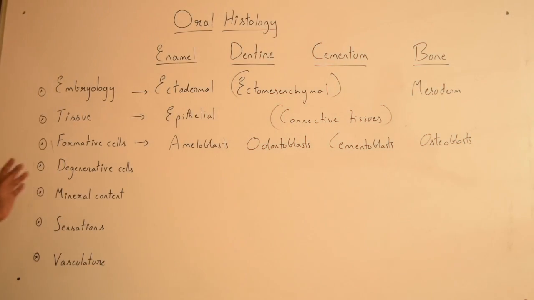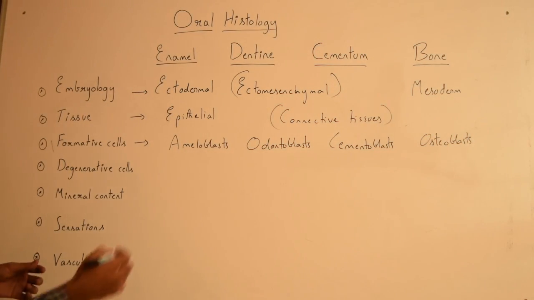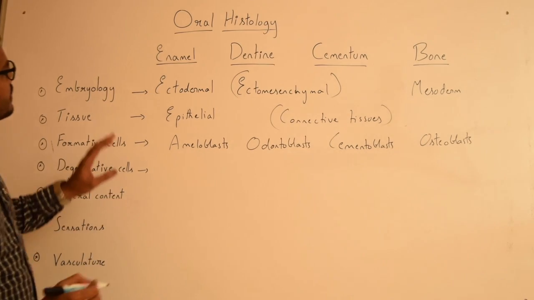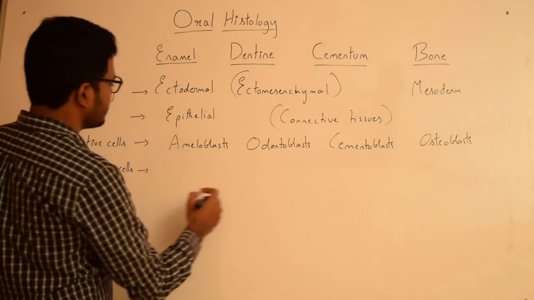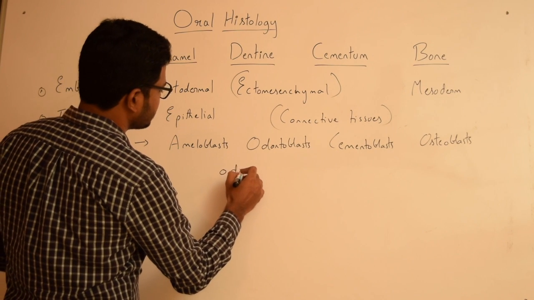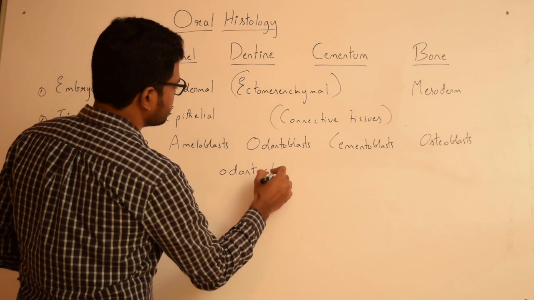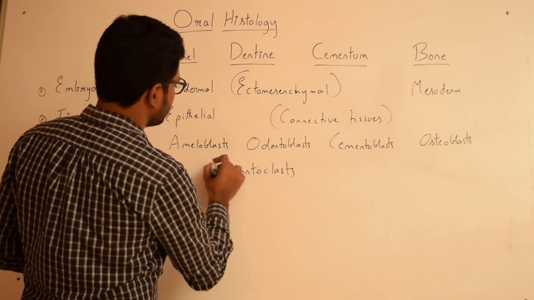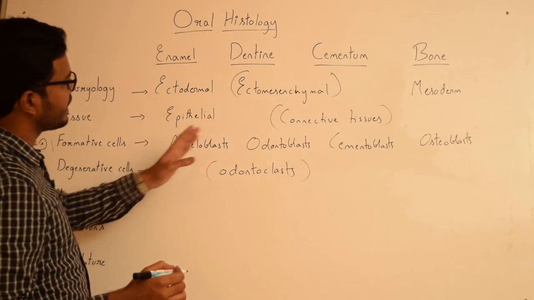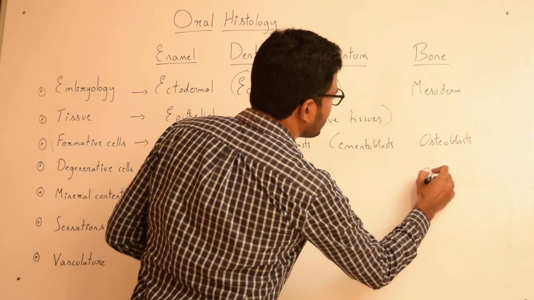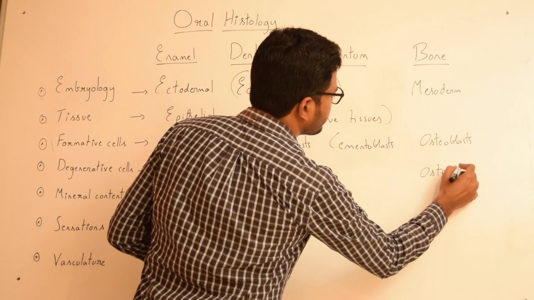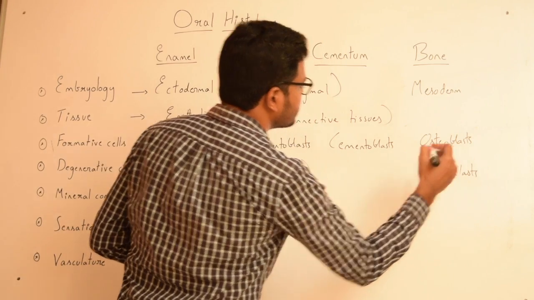Right? And now coming to various degenerative cells, so all the tooth tissues, they have a common degenerative cell, that is odontoclast. So odontoclast in case of enamel, dentin and cementum. In case of bone, it is osteoclast, right?